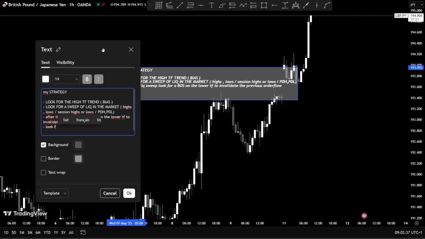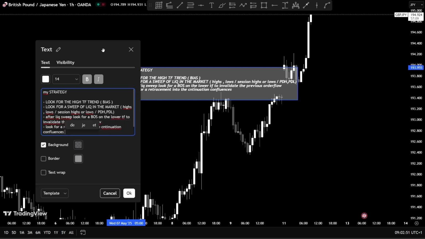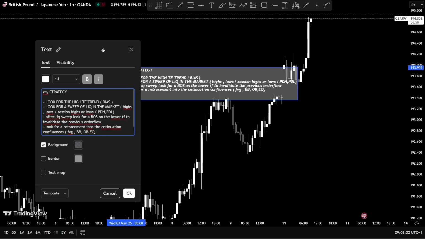Look for a retracement into confluences like the fair value gap or the breaker block or the order block or equilibrium or the CISD or anything like that.